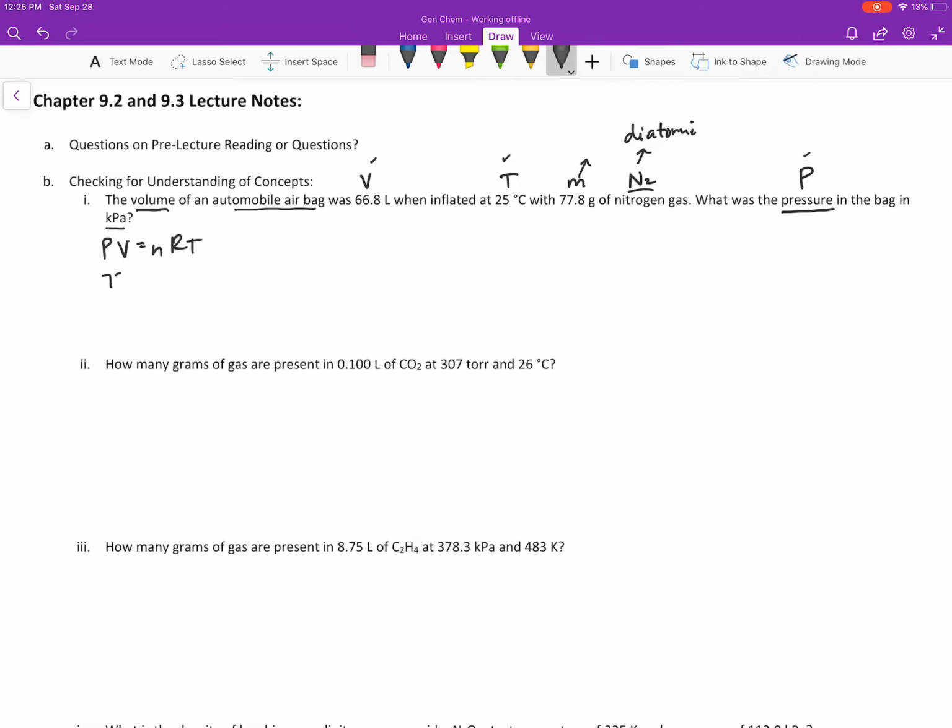Okay? So we have 77.8 grams of nitrogen. Let me go ahead and specify that. And I know that nitrogen weighs, each one's about 14 grams per mole. So if I have 2 of them, the molar mass is 28 grams of nitrogen for every 1 mole of nitrogen.